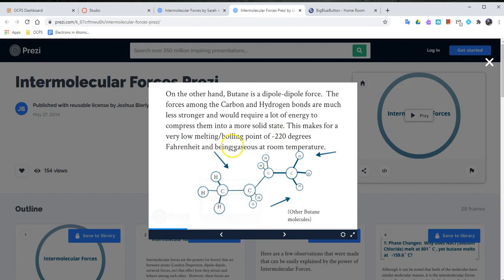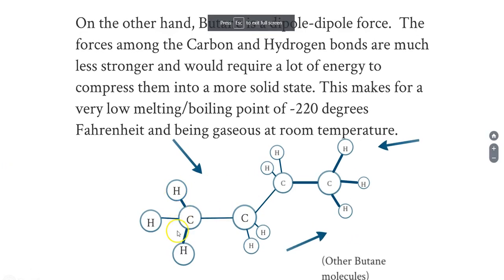Butane, on the other hand, and this is what butane looks like, butane doesn't have any of that. Notice that we don't have any firm charges. Okay? We don't have any kind of polarity. In fact, we have no charges on this molecule. Okay? Which means that this molecule doesn't have those ionic charges holding it together, and it doesn't have any dipole charges holding it together.